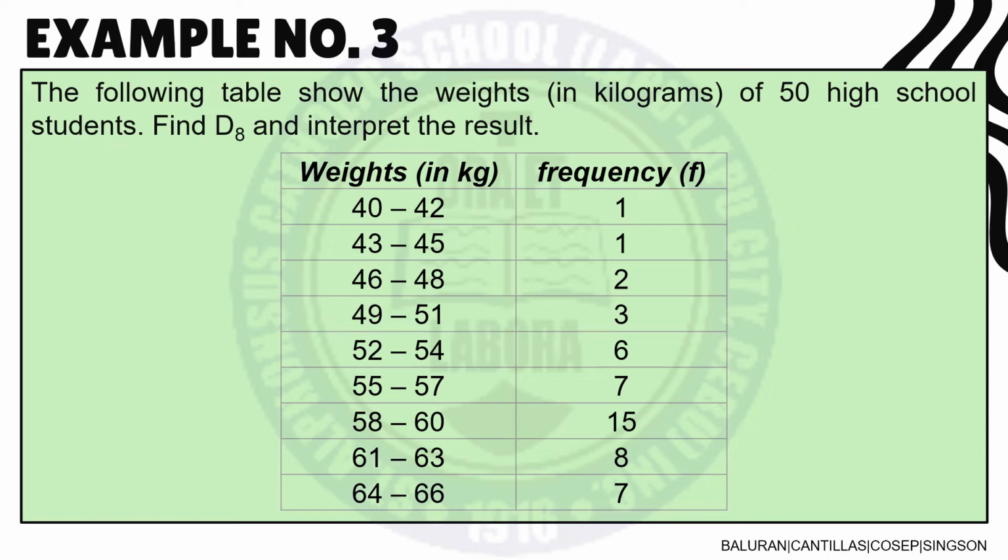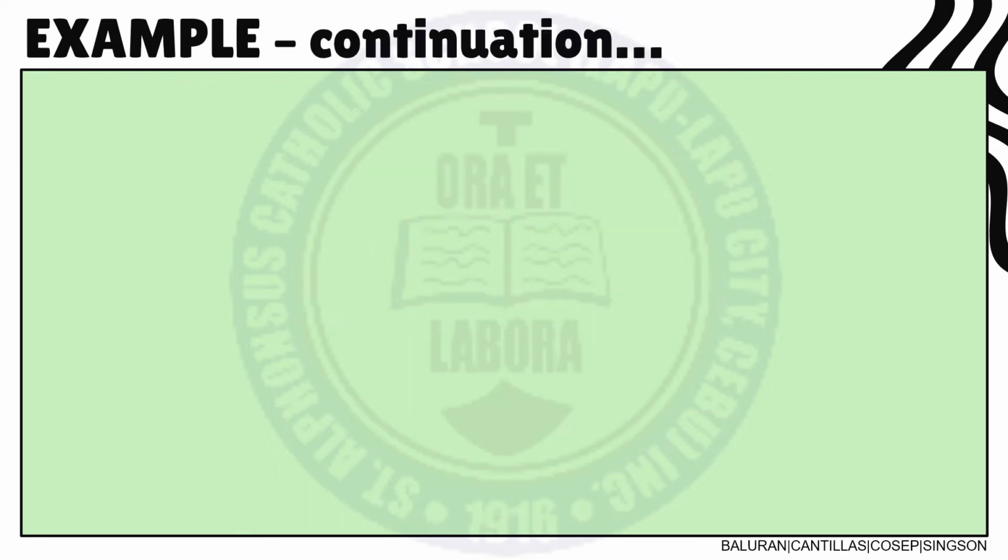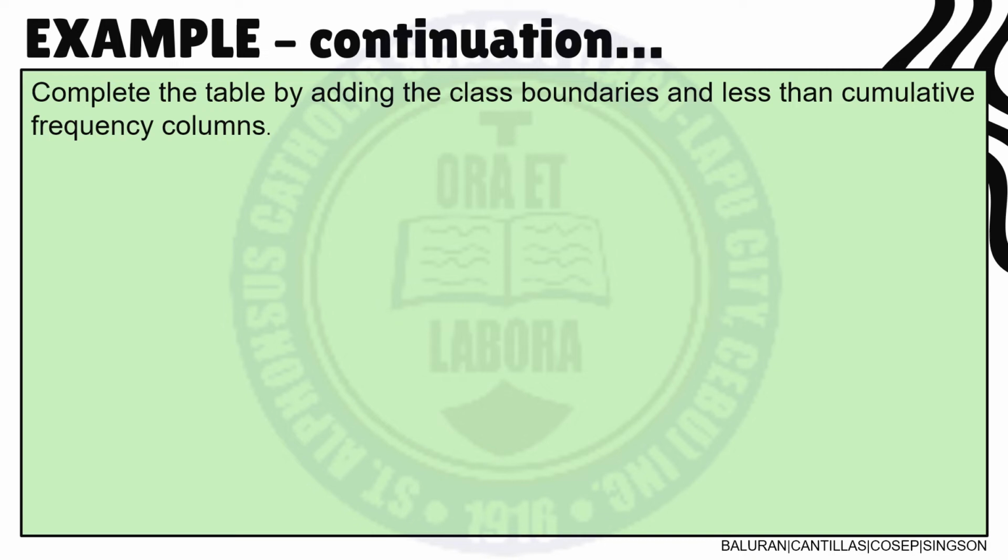So in this case, as you have noticed, we don't have the columns for the class boundaries and the less than cumulative frequency. So we have to complete the table by adding the class boundaries and the less than cumulative frequency columns.